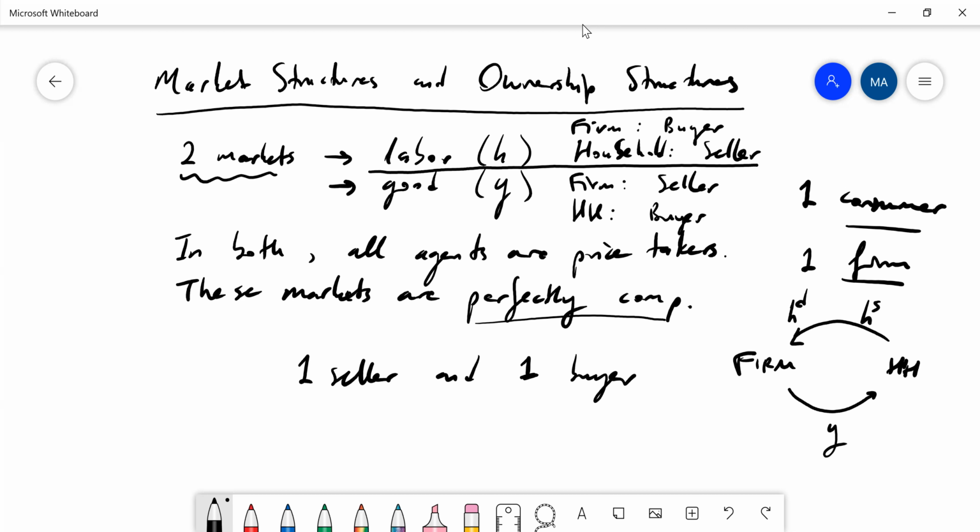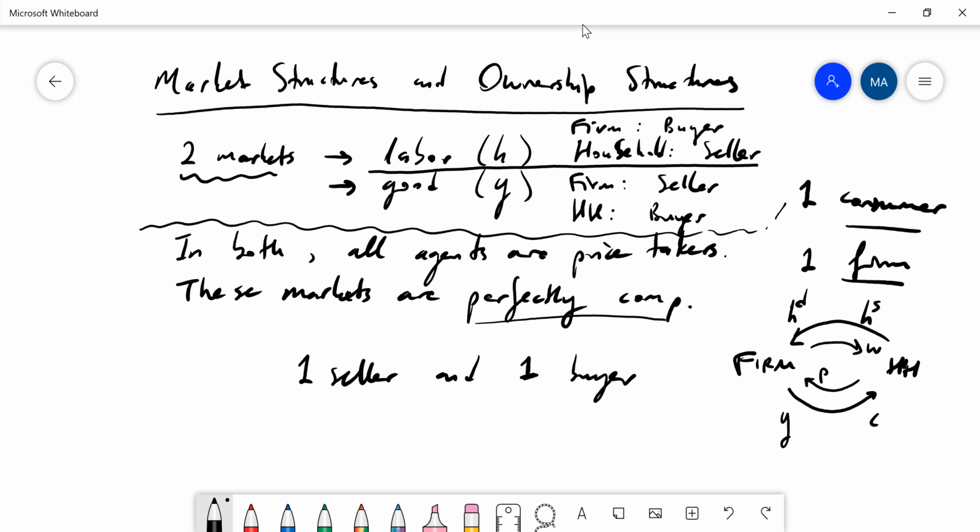Here it is labor demand. So if I do this, in the firm it is Y, in the household side it is consumption. And of course, there's wage going to there, and there is price going to there. All right. So this is the simplest thing that you always knew, but here shown to you in a different way.